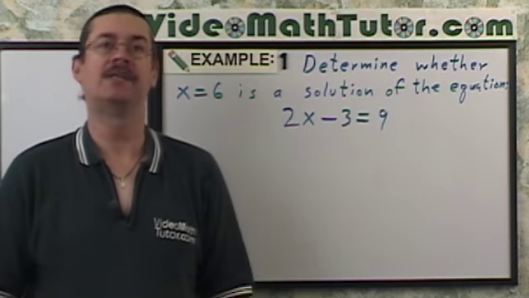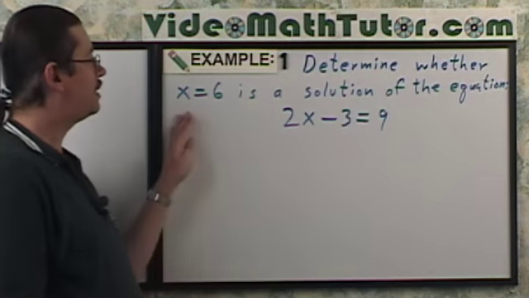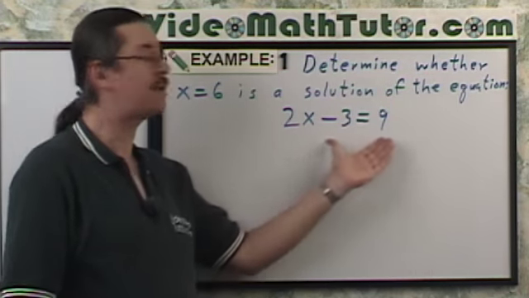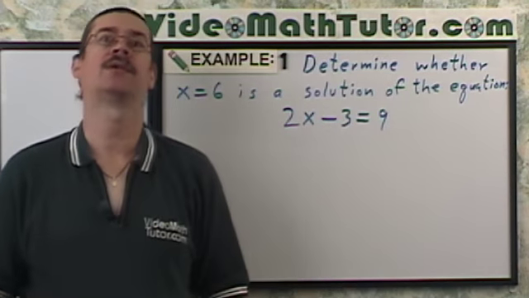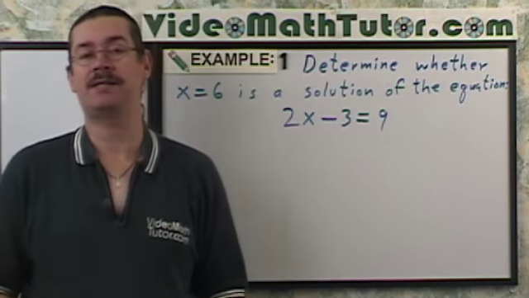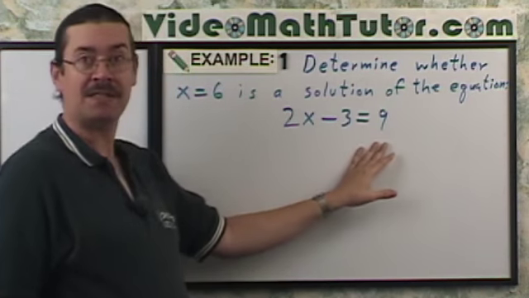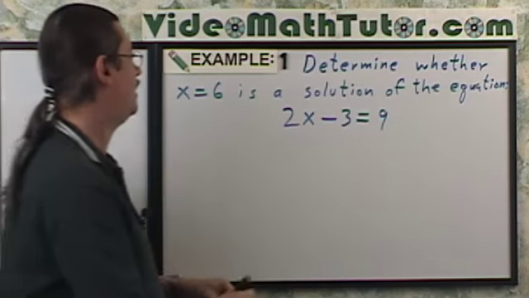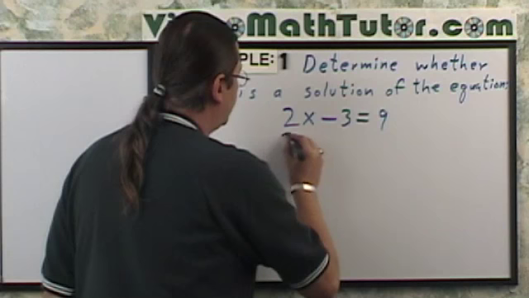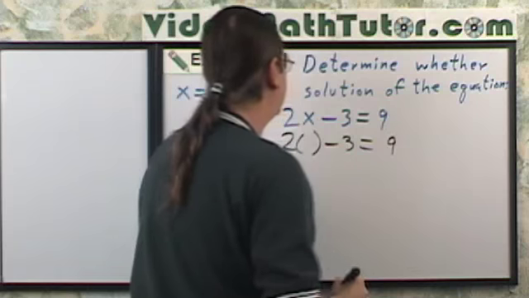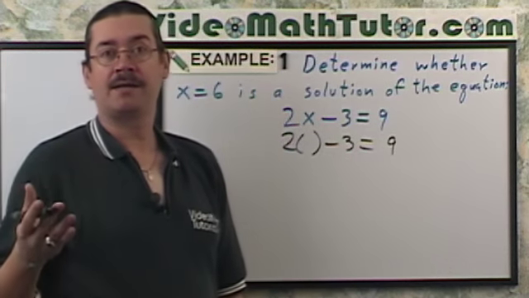Example number 1. Determine whether x equals 6 is a solution of the equation 2x minus 3 equals 9. It's actually pretty easy. First, rewrite this equation, but put a set of parentheses in place of the x, like this. So we have 2 something minus 3 equals 9. We talked about this in our previous lesson.